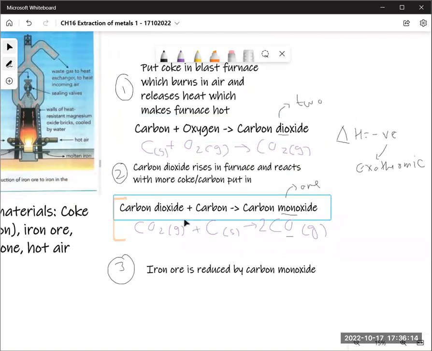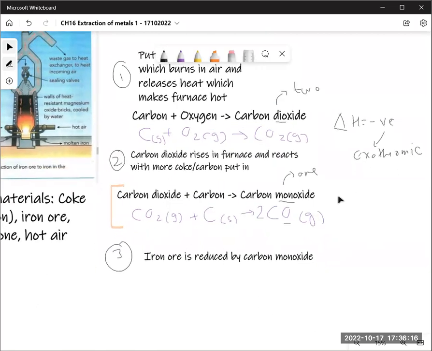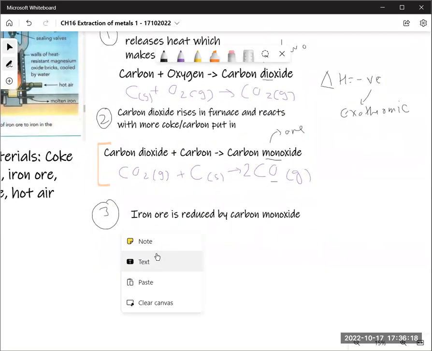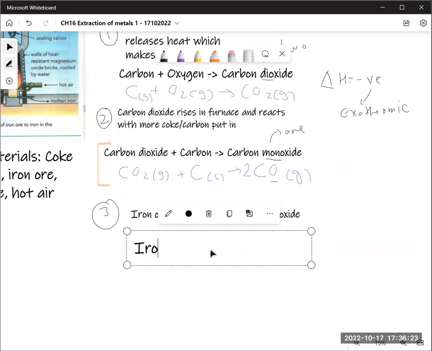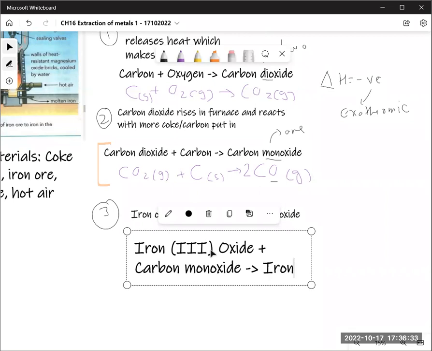Then carbon dioxide reacts with carbon, gives us carbon monoxide. Now this carbon monoxide reacts with iron ore, which is this equation right here. Iron(III) oxide plus carbon monoxide gives us iron plus carbon dioxide.